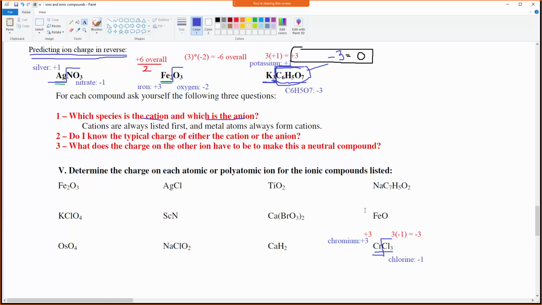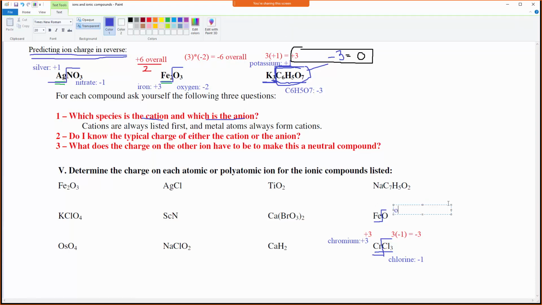Fe is the cation. And what is the anion then? The oxygen is the anion. Good. Now, do we know the typical charge on either the O or the Fe? Ooh, what do we know about the O? It's got a 2- charge.